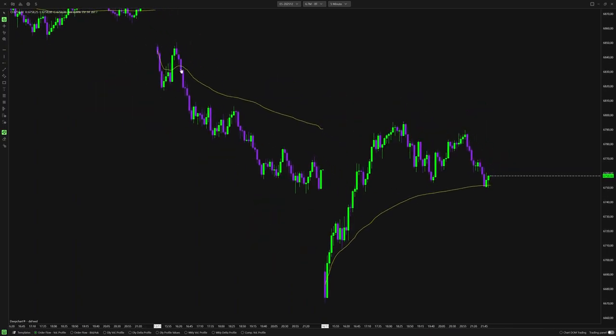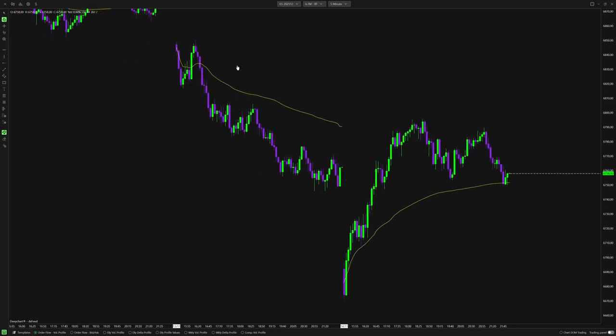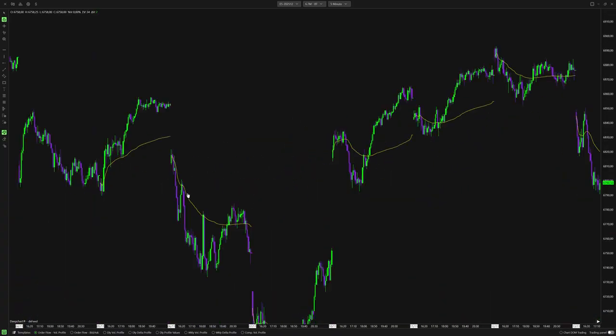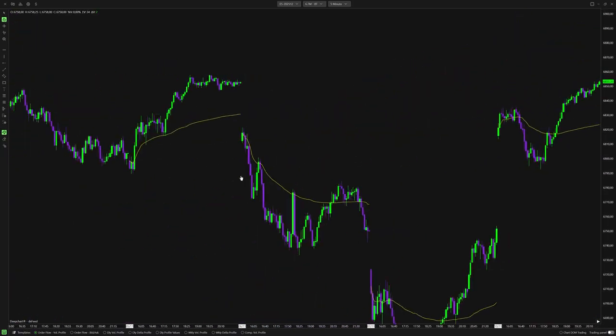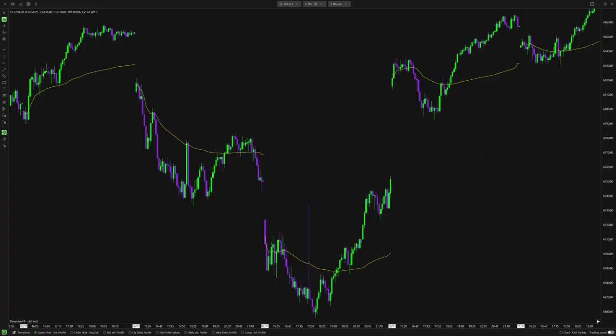So every session has its own volume weighted average price moving up and down. And you'll see that a lot of the time, this will be the level that they keep buying and selling at, and it will serve as an area of support or resistance or a breakout.